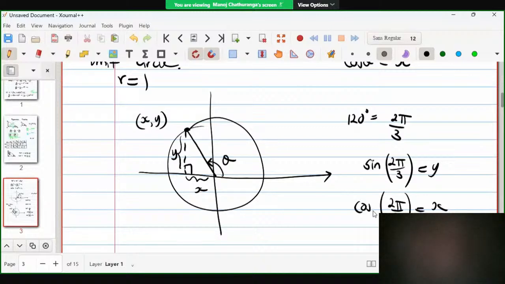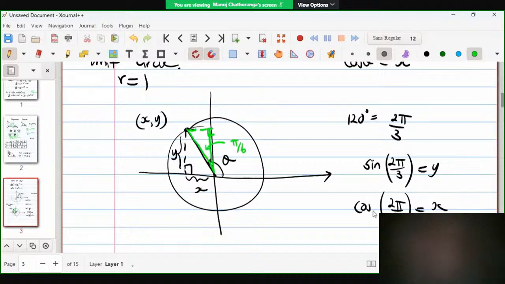If you want, we can find the formulas for that. For example, let me complete this green color triangle. This angle over here is 30 degrees, pi by 6. And hypotenuse is 1.